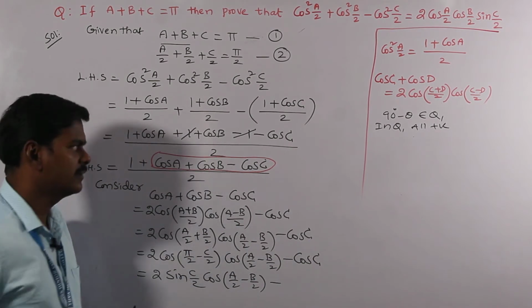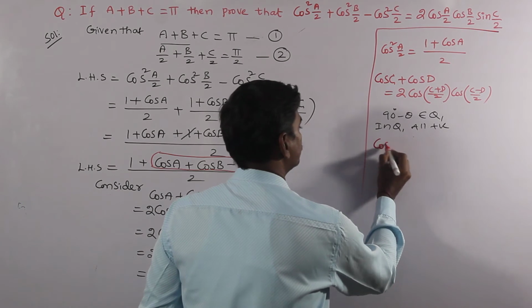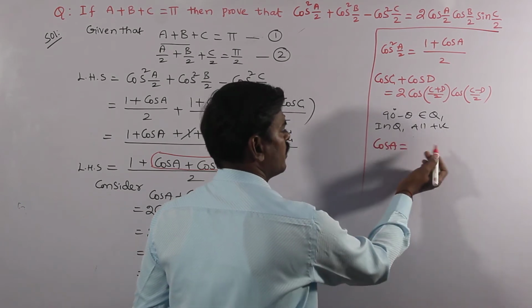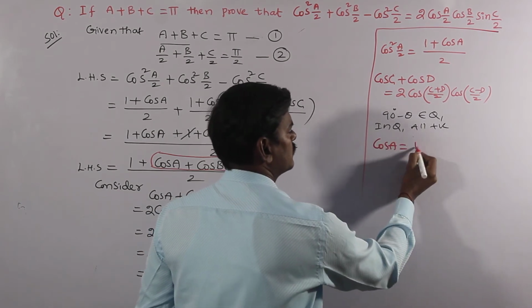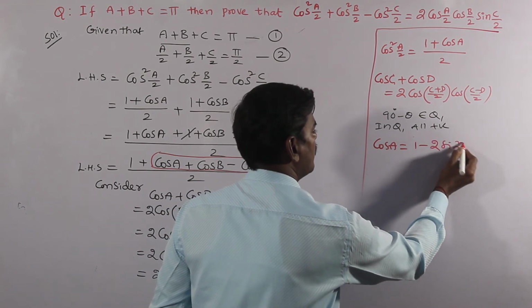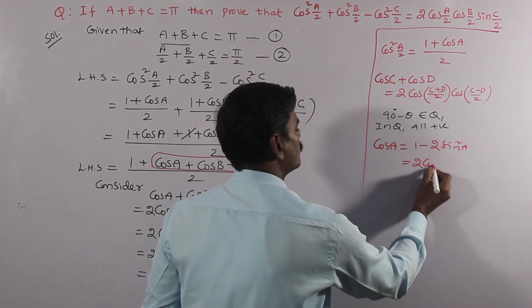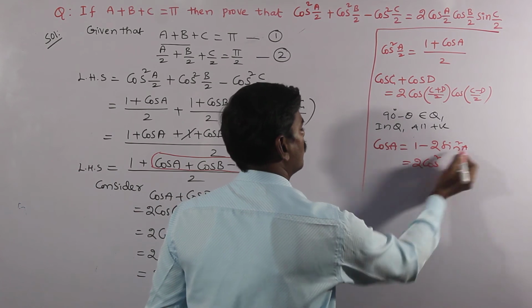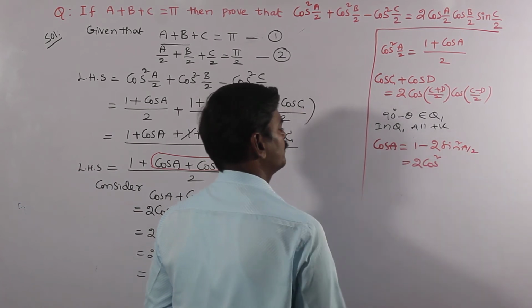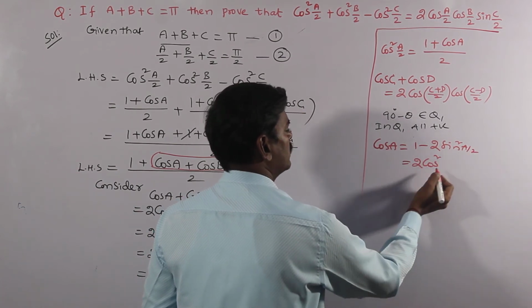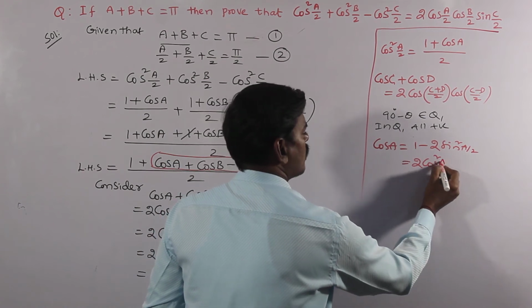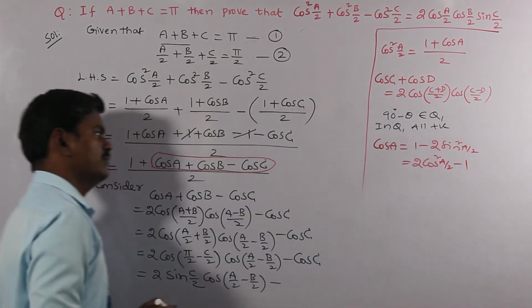If I remind the formulas for cos A, I have two formulas. In terms of sin, that is 1 minus 2 sin square A by 2. In terms of cos, 2 cos square A by 2 minus 1.